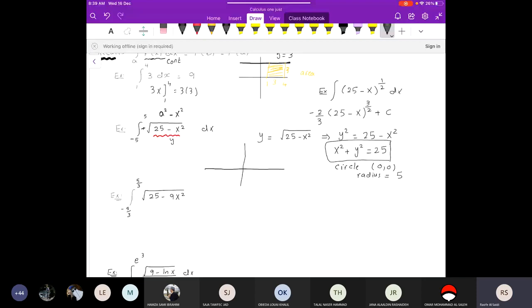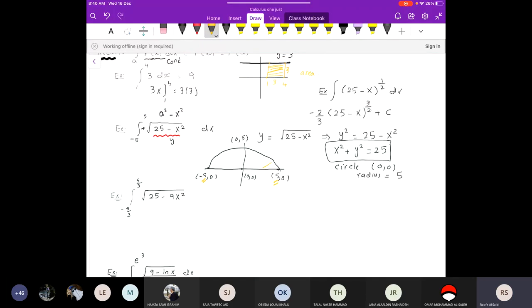We take only the upper half of the circle since you have the square root, not the whole circle. Now I want to link this integral to the area: we have a half circle. Notice the limits of integration with respect to x are from minus 5 to 5.